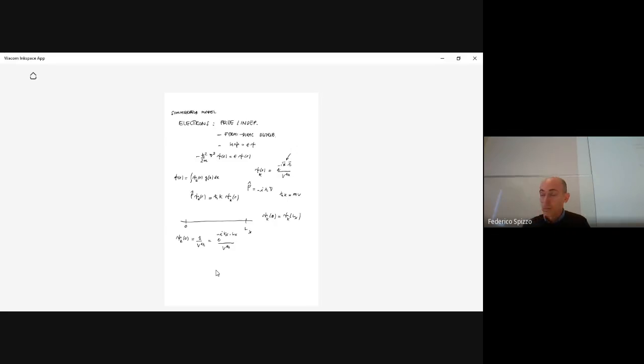So kx times Lx has to be equal to 2 pi nx, where nx is an integer that may be positive or negative. So kx is 2 pi nx divided by Lx.